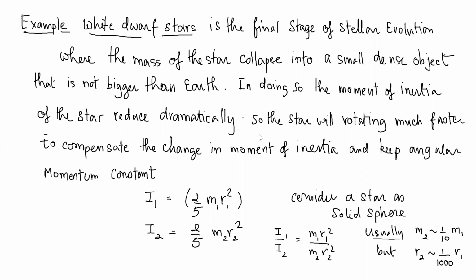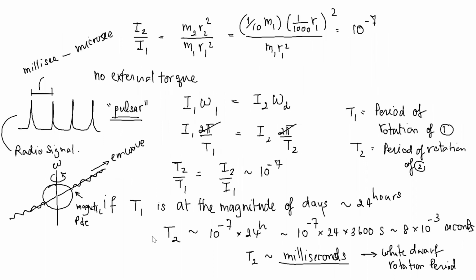So we plug those in, and we see that the moment of inertia of the white dwarf compared to when it was a star is 10 to the minus 7.